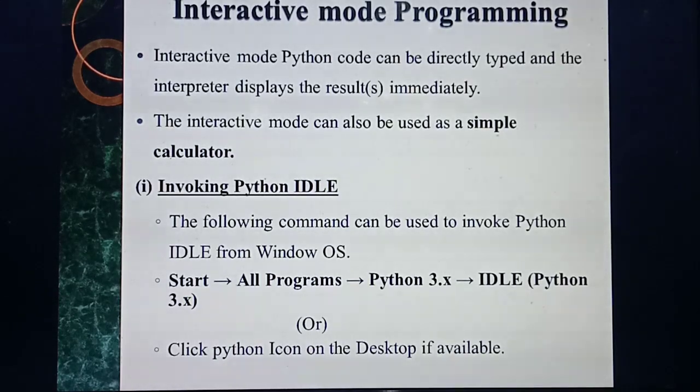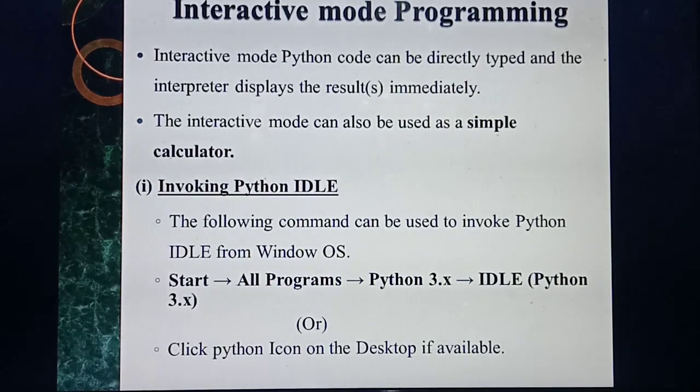After you type the program, you immediately get the result, just like a calculator. How do you get the result in a calculator? If you add two numbers, 5 plus 10, you immediately get the result as 15. In the same way, in interactive mode programming, when you type, you immediately get the result. But you cannot edit or redo anything in interactive mode.